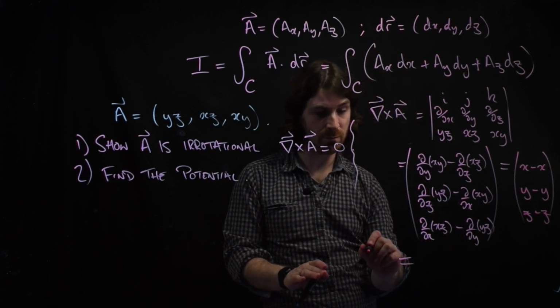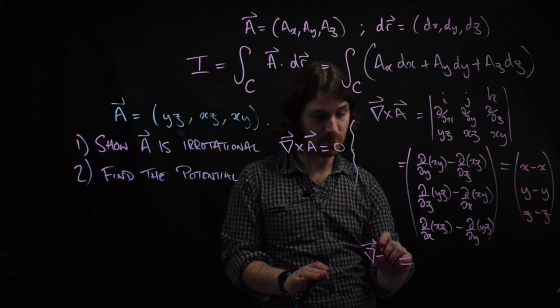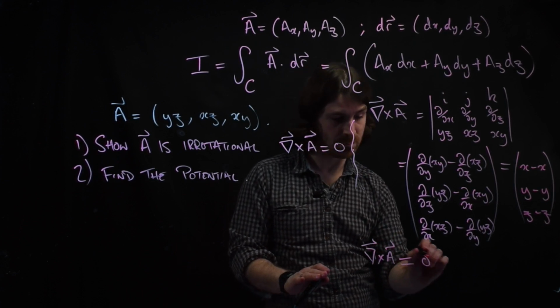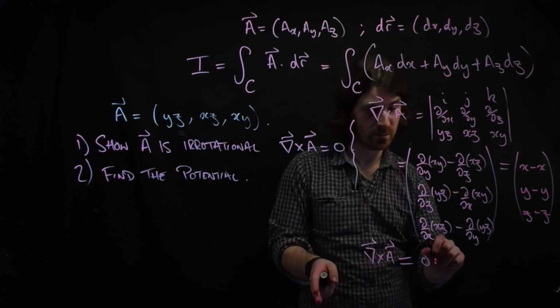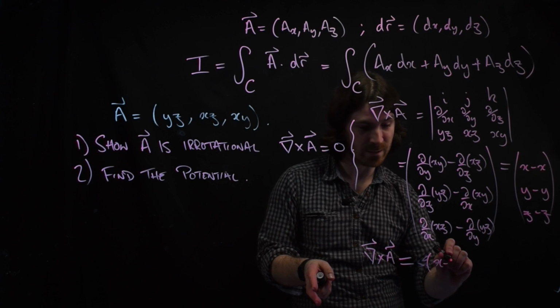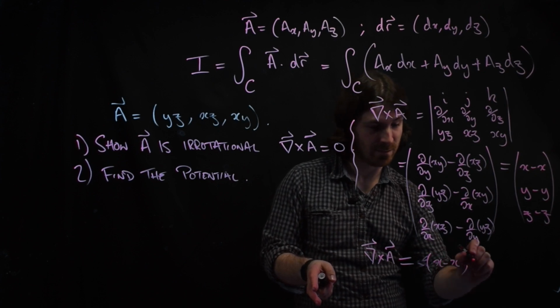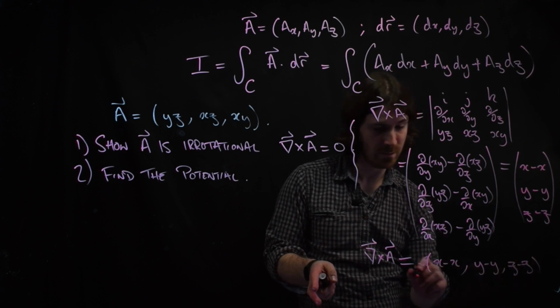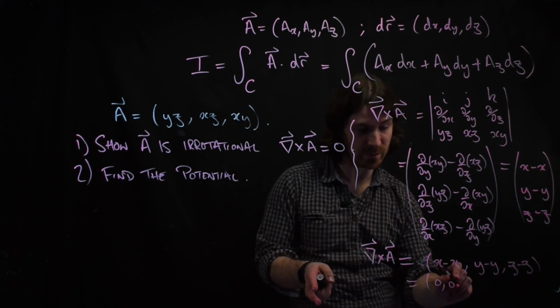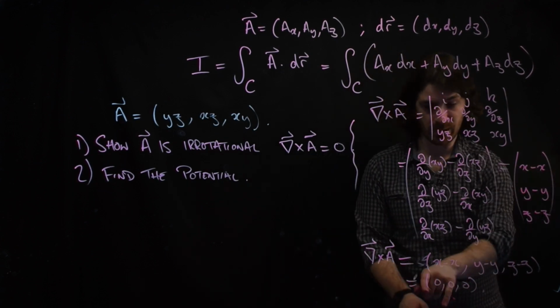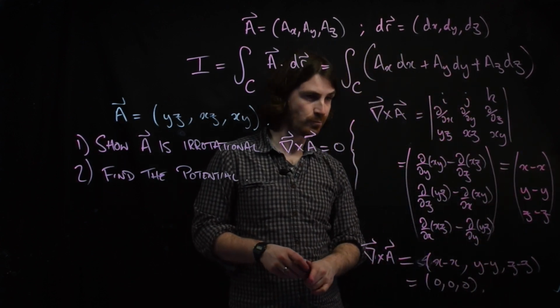So we've shown that curl A is 0. What we find is x minus x, y minus y, z minus z, i.e. the zero vector, 0, 0, 0. Here I wrote it as a column, here I'm writing it in a line.